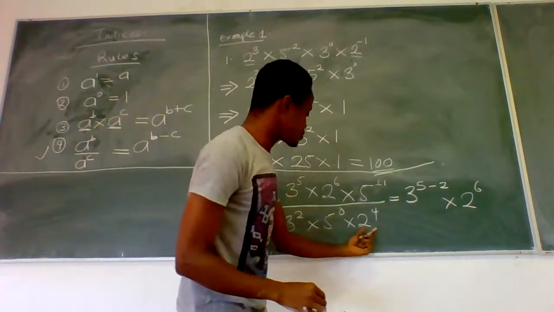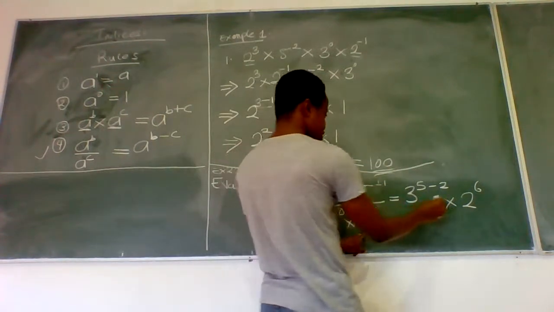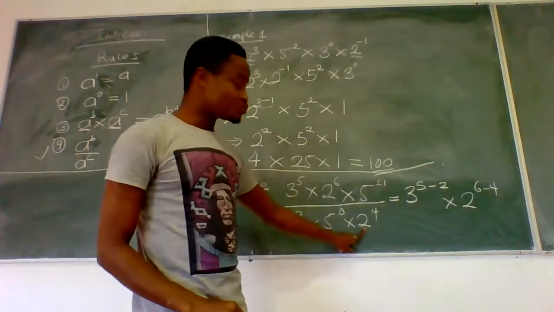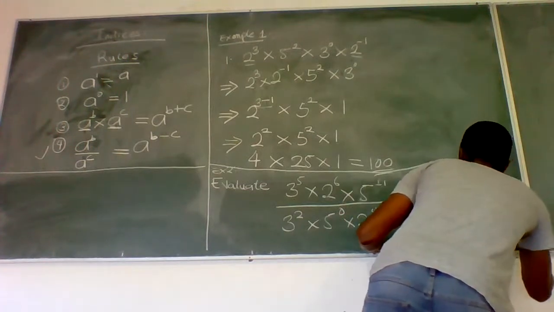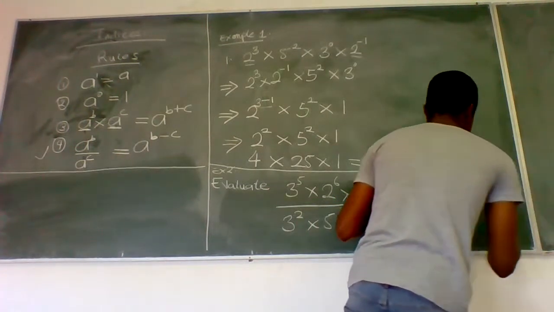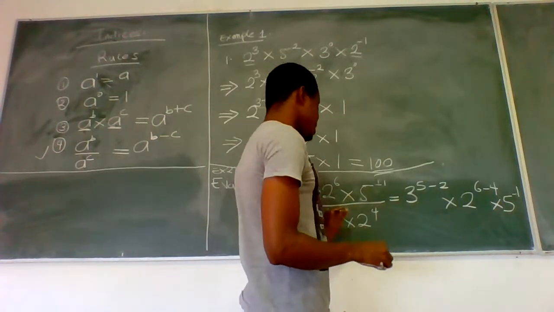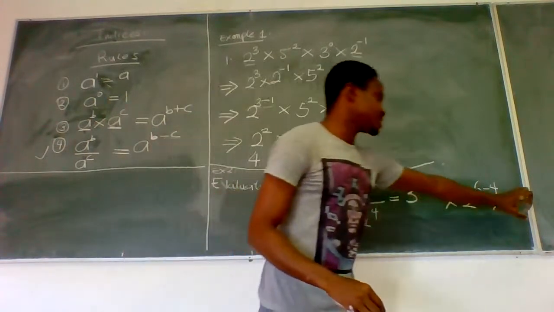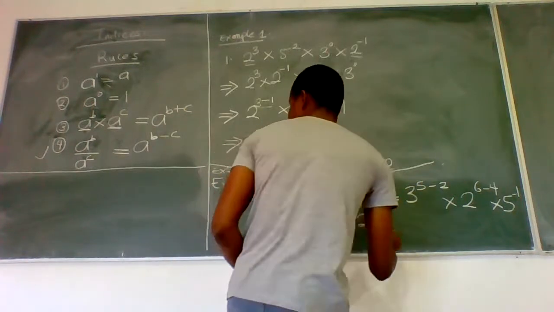The denominator is what? 2 exponent 4. So since it's dividing, we subtract the exponent. So 6 minus 4. I think we are done with 2. Let's move to 5. So times 5. The exponent is minus 1. And then from here, the exponent is what? Minus 0. And this one is the same as 1, so you can choose to maintain it, because when you subtract, you get the same thing.